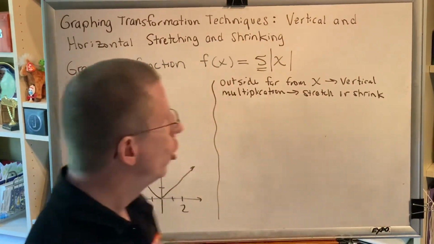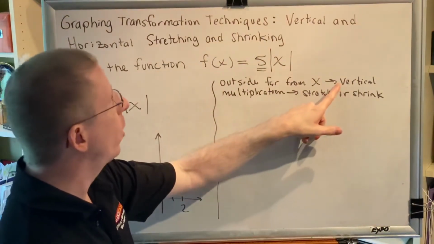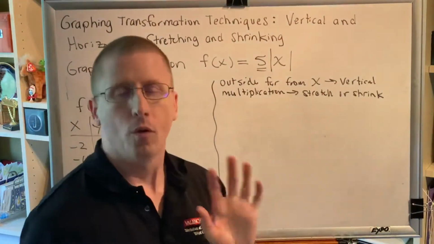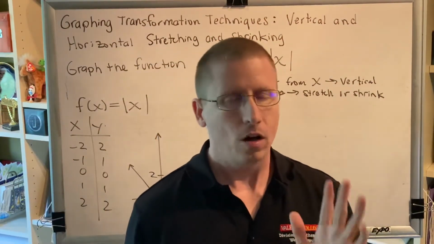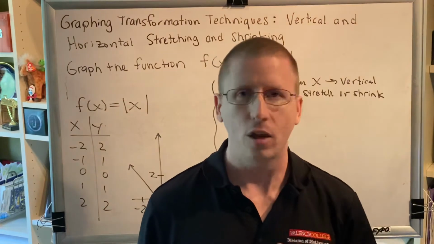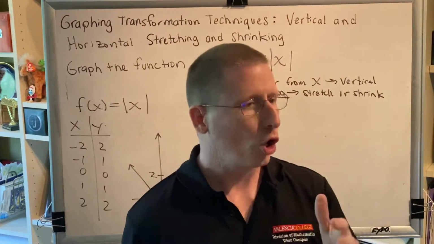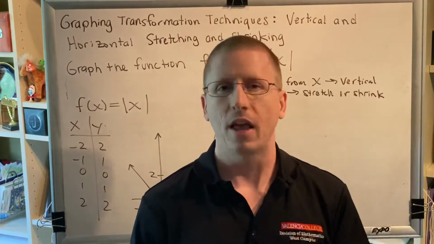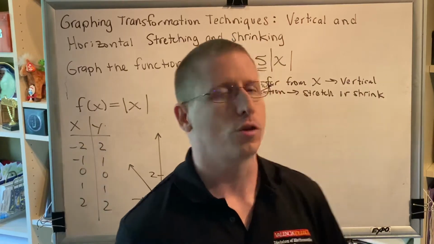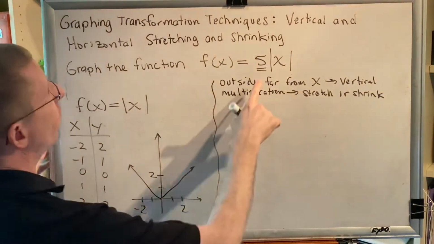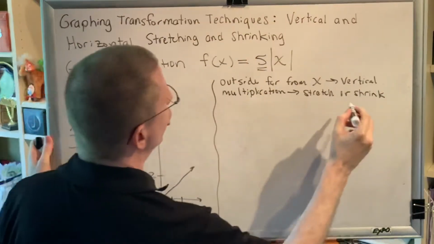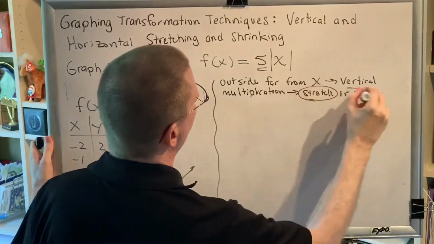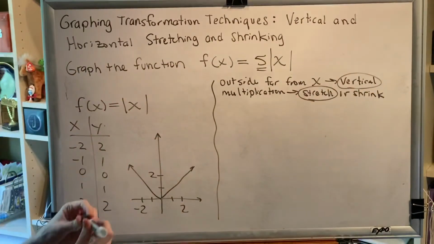Okay, so now we're ready to put all of this together. We know that we're dealing with a vertical stretch or shrink. Vertical stretches and shrinks behave exactly the way you would expect. Greater than 1 is a stretch, less than 1 but still positive is a shrink. 5 is a number greater than 1, so we are dealing with a vertical stretch.